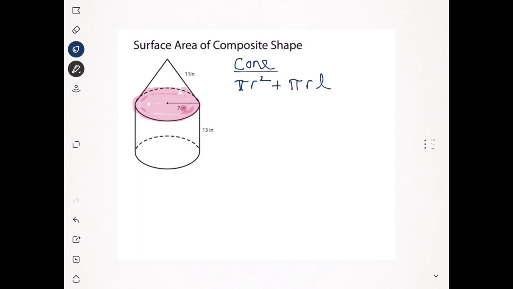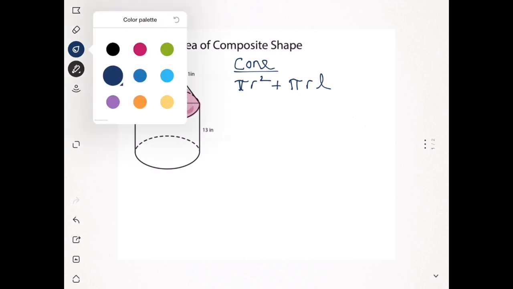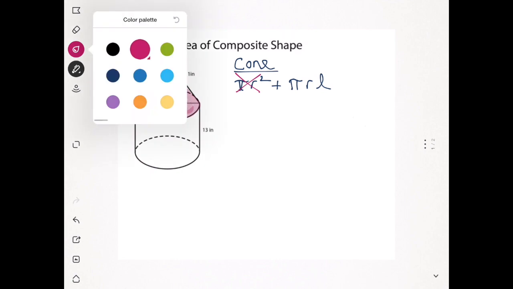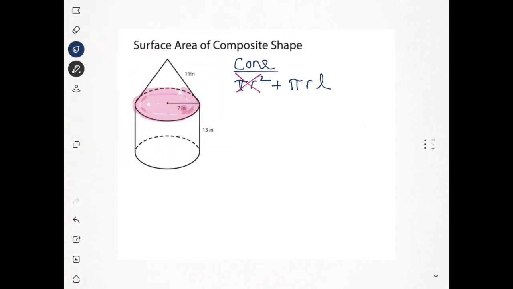Well, I just told you that we don't need the circular base, so I'm just going to X that off. The only thing I need to do is multiply pi times the radius times the slant height. So I'm going to go ahead and do that.